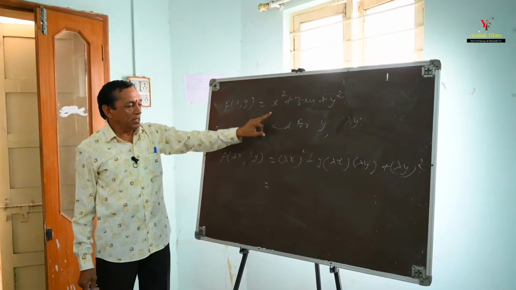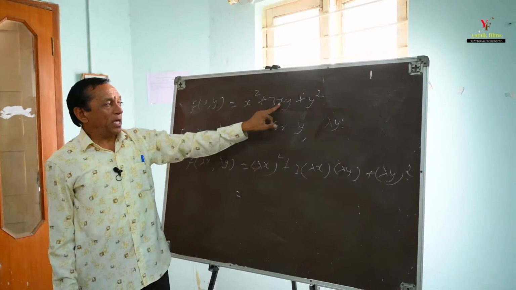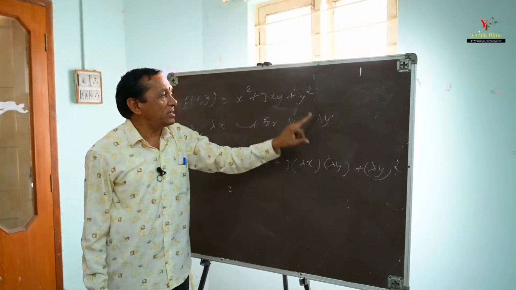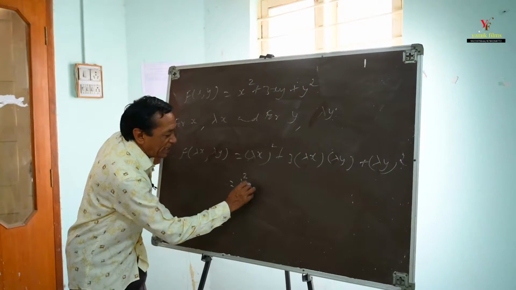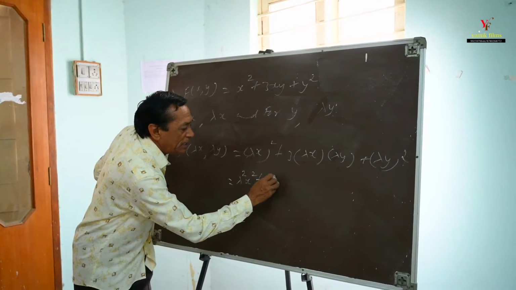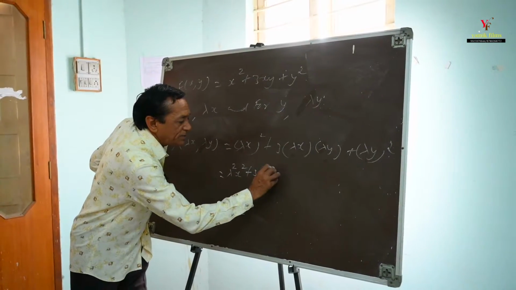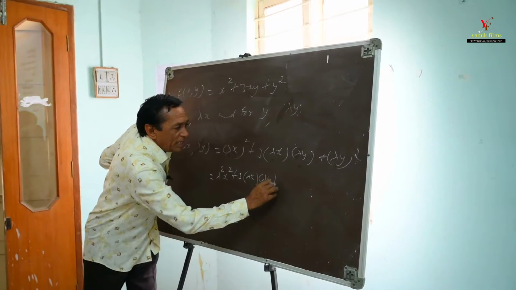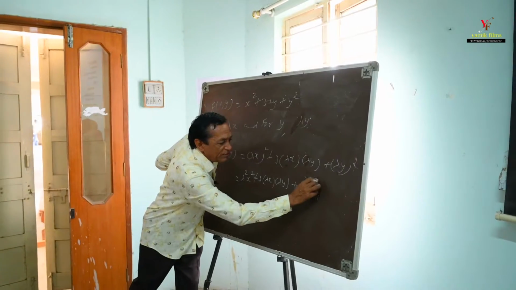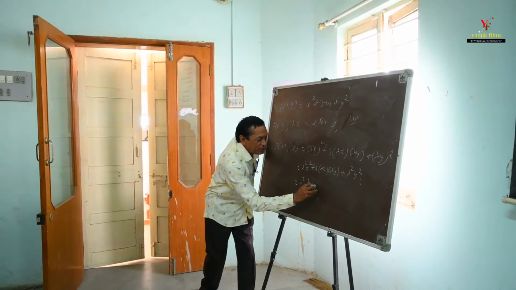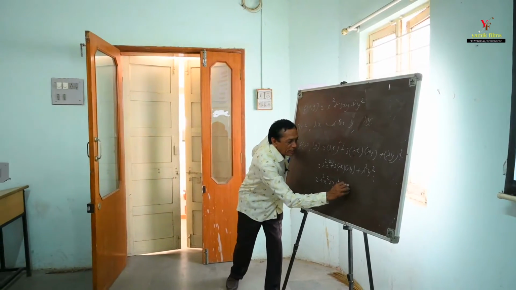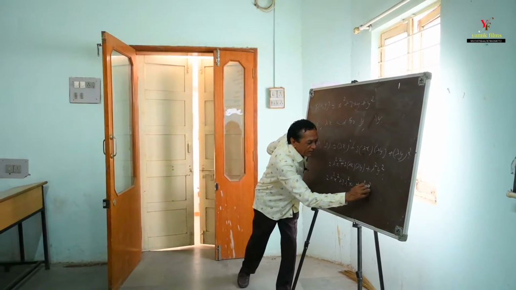Here we put lambda x for x and lambda y for y, so we get lambda square x square plus 3 lambda square xy plus lambda square y square.